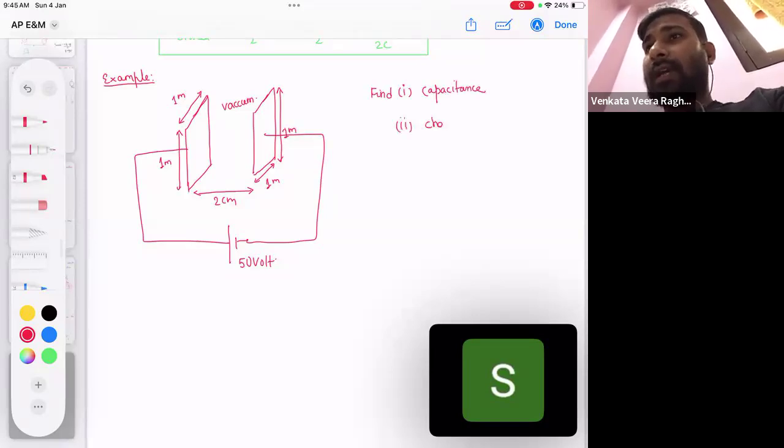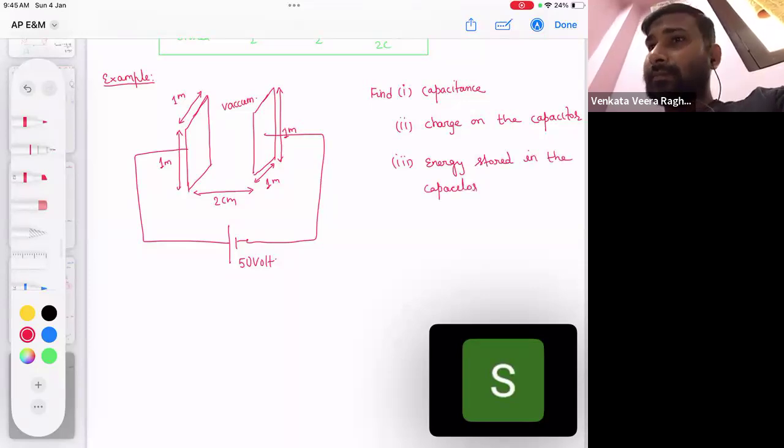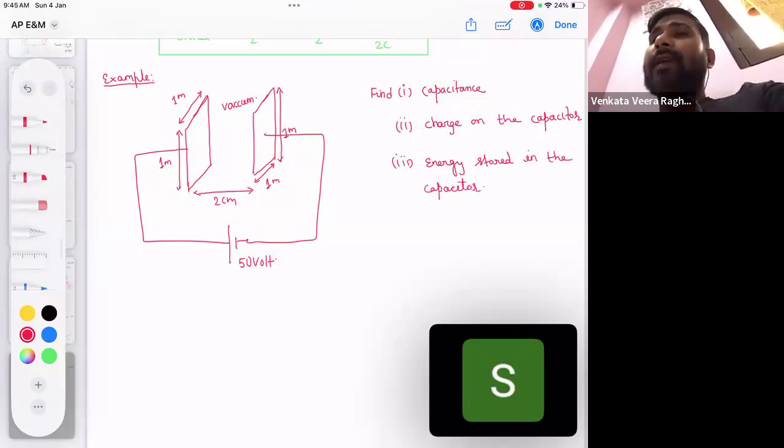Second, the charge on the capacitor. Third, the energy stored in the capacitor. Find out these things initially.